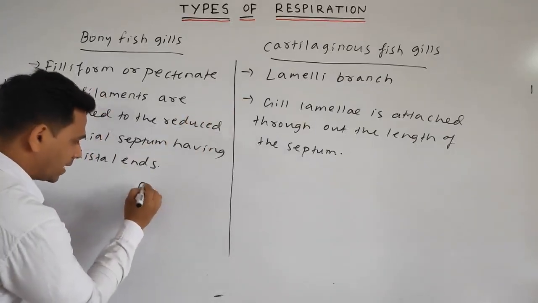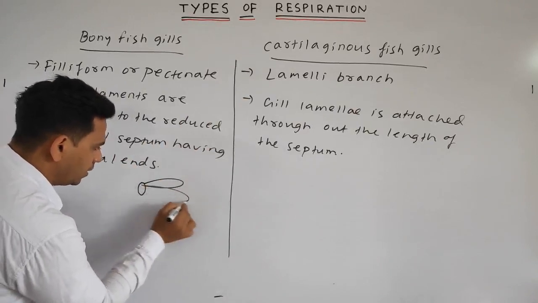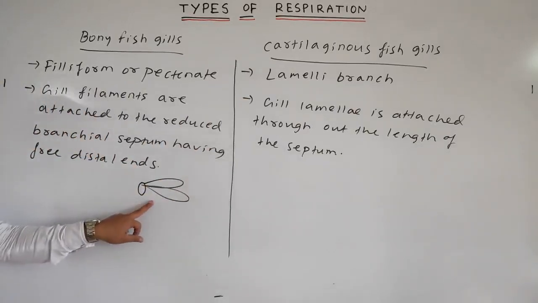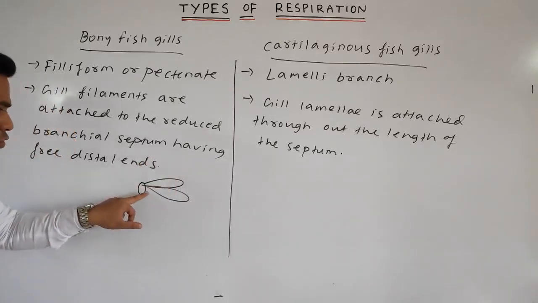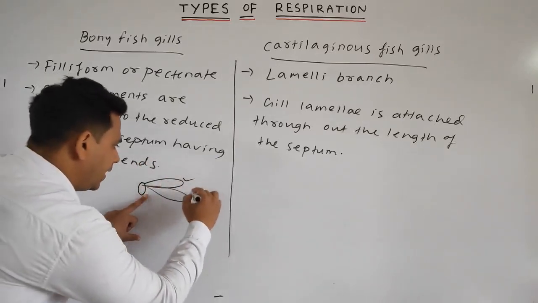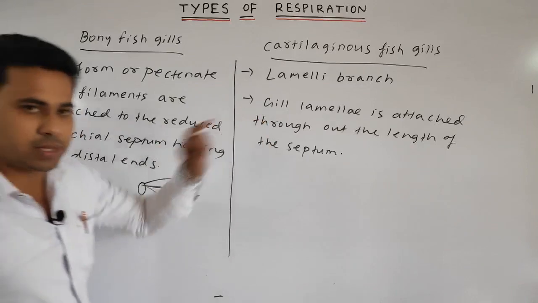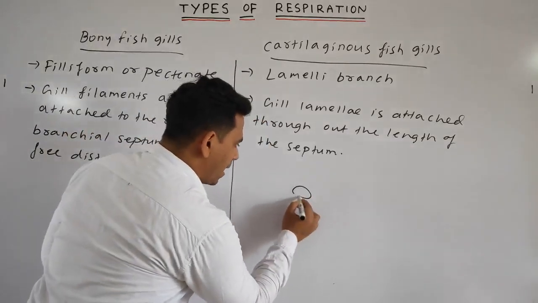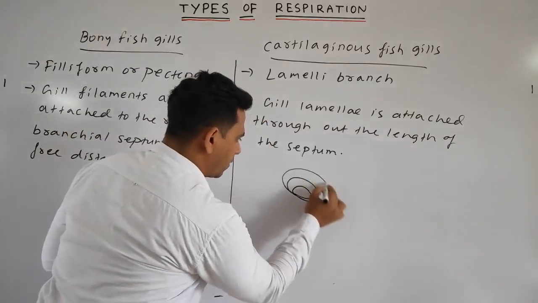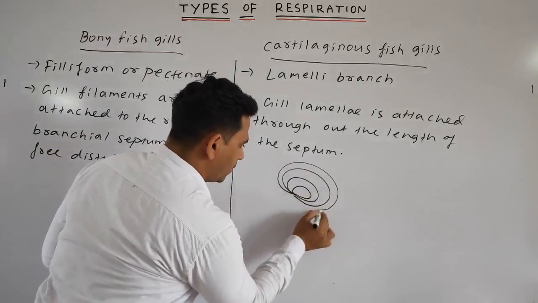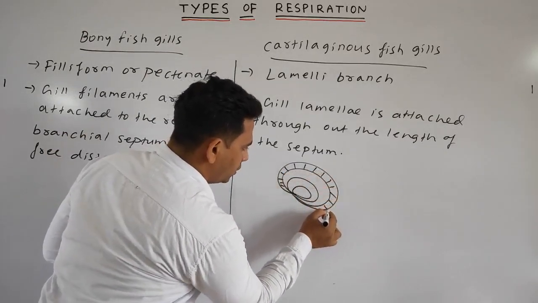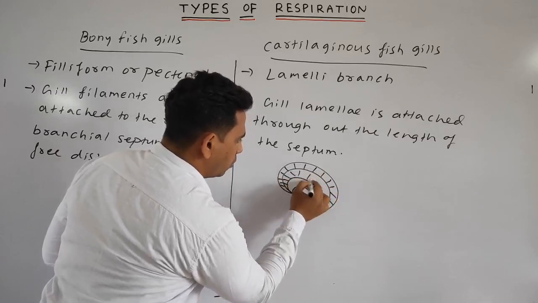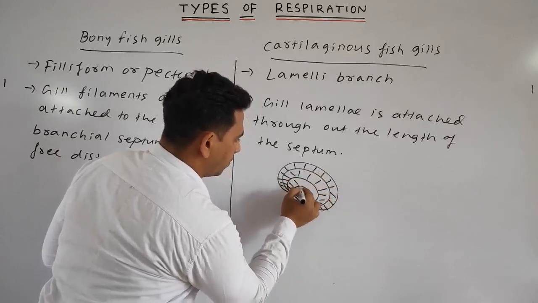like this the gill arch is present, and this one is the gill filaments. The gill filaments are attached to the reduced branchial septum having the free distal ends. Whereas in the case of the lamellibranch, the gill lamellae are arranged in such a manner; you can see these are the gill lamellae which are attached throughout the septum.